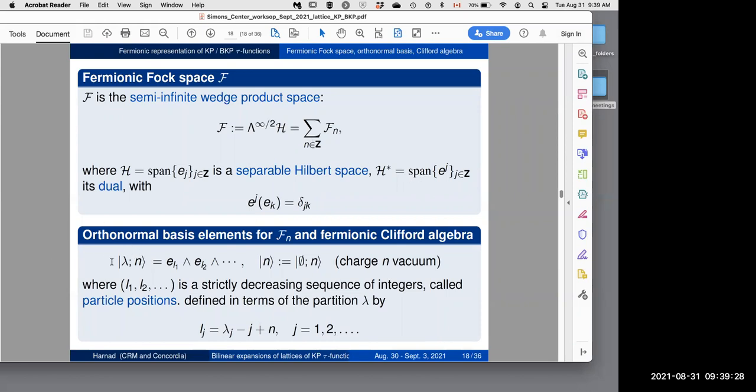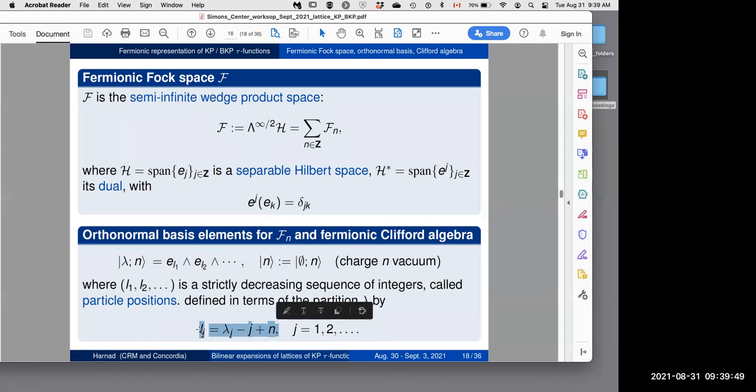The basis elements, this is very standard and I'm just reviewing it, are given by monomial exterior products in a sequence of basis elements that are strictly descending. The relation between the indices and the partitions is this. For those familiar with integrable systems, this is standard.